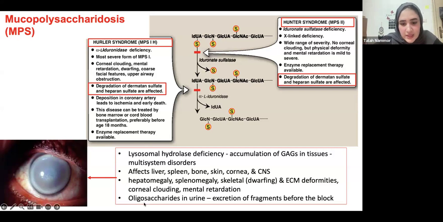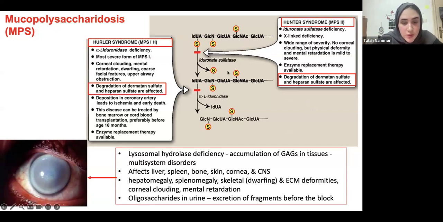We talked about this. Oligosaccharides in urine, excretion of fragments before the block. I don't know what that means. But we're going to have oligosaccharides in urine. Why? Because we have a lot of dermatan sulfate, a lot of heparan sulfate, a lot of things that are being accumulated. Okay?